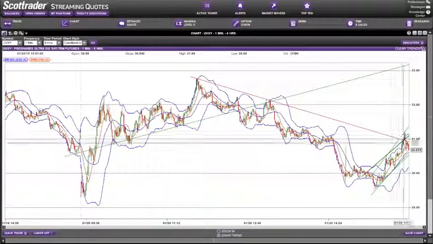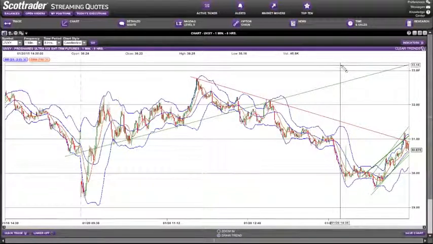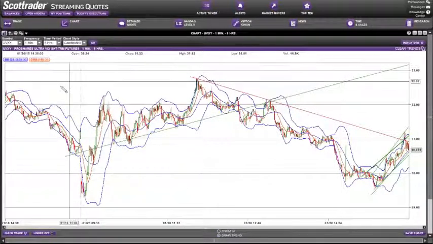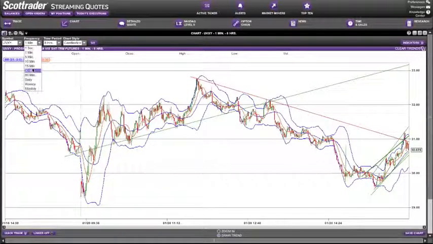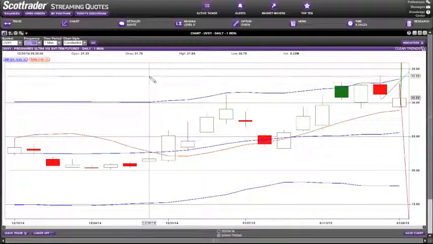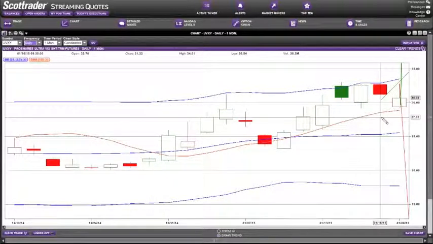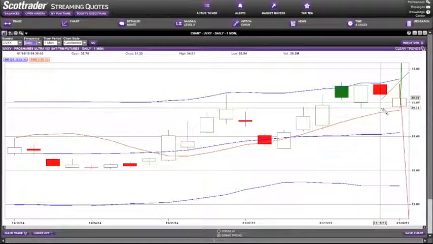I mean, I guess it broke above it there, but so yeah, tomorrow if markets do fall, that 33 level could definitely come into play. I don't know how long that would last though. 33. So yeah, that would be a double top for 34, 33 for Friday.